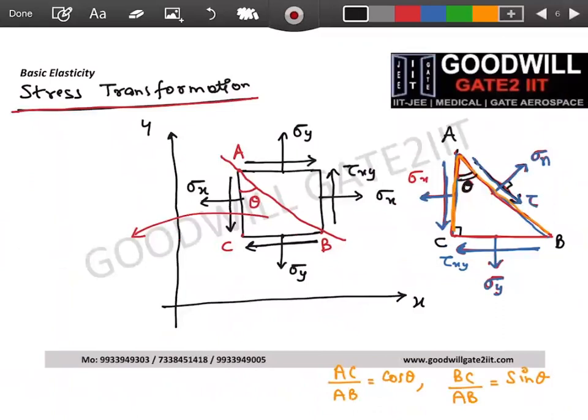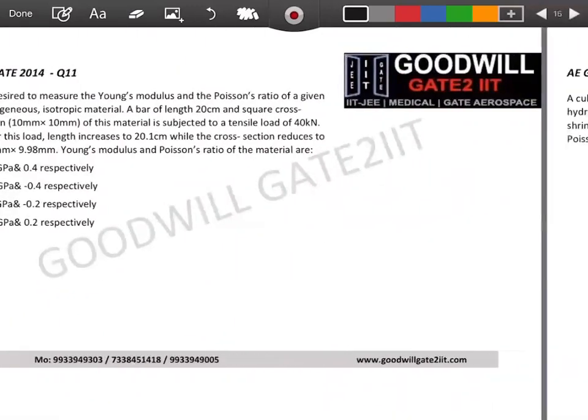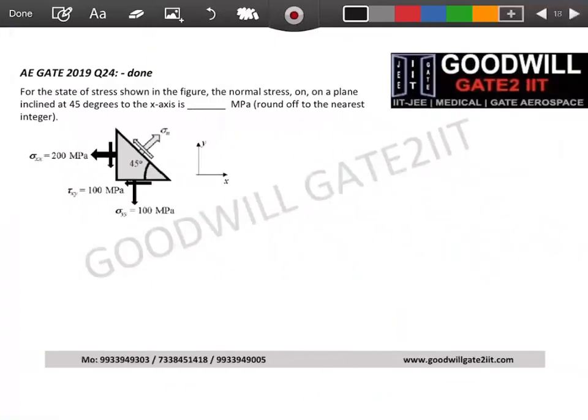If you know your actual 2D stress element, you can calculate this sigma n at any angle theta. I'm not solving the numerical here; I'm just showing you the reason, so you can imagine what is happening.